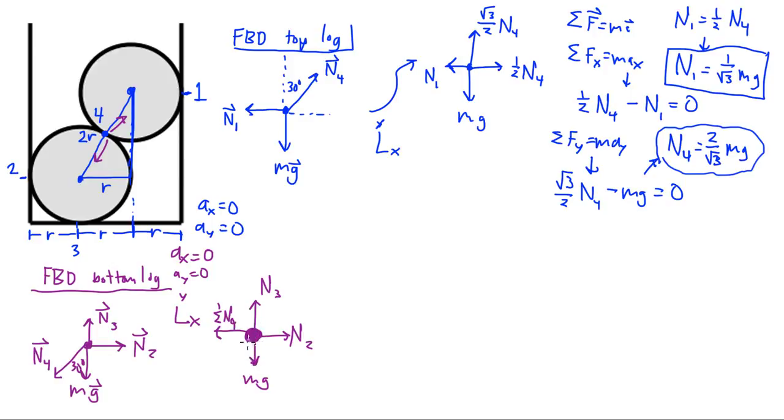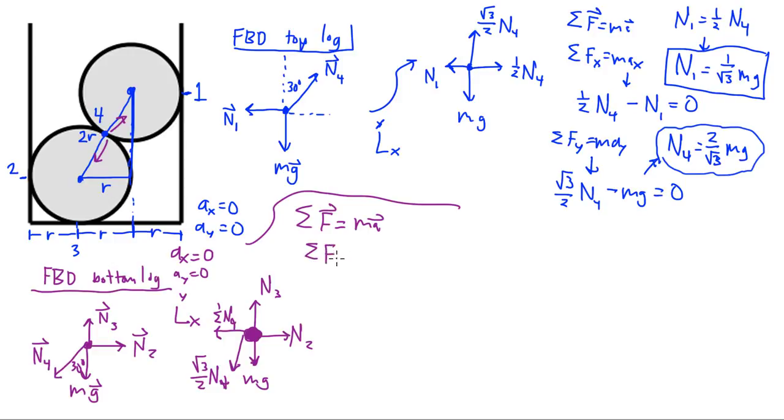So remember, if you can't fit all your force arrows into the dot, make the dot bigger. So the downward component of N4 is going to be √3/2 N4. I'm doing this because I know 30, 60, 90, so I've got sort of neat, well-known trig angles there.